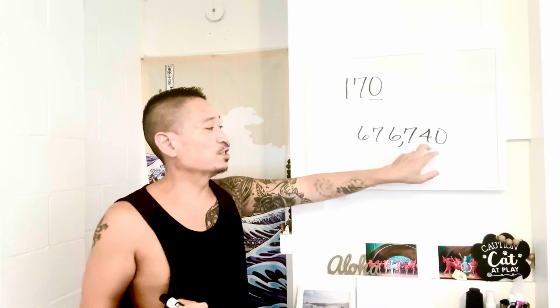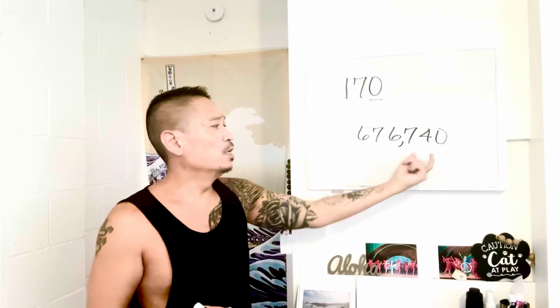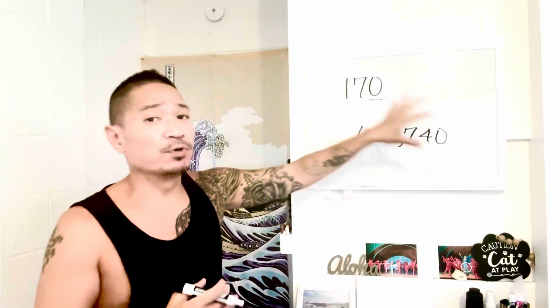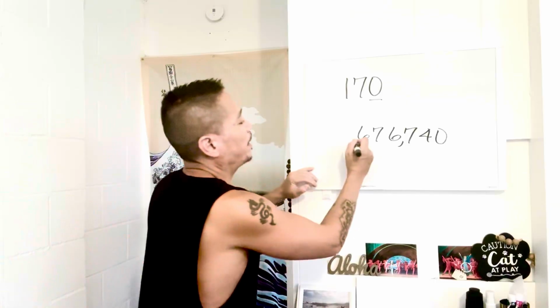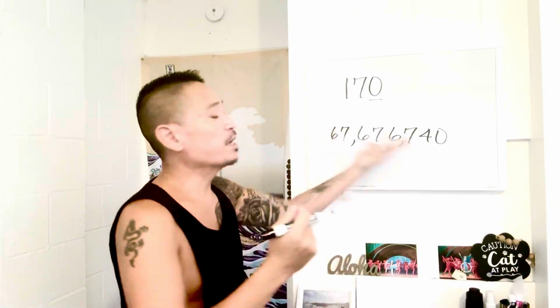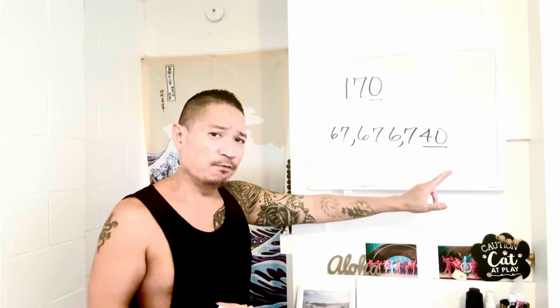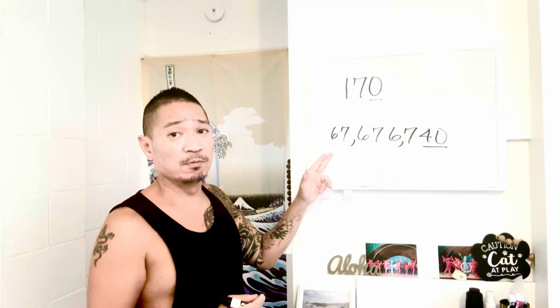The last 2 digits, the tens and the ones, are super easy. It's 40. We know 4 divides 40, so this whole number is divisible by 4, no matter what I add before it to make it a bigger number, since we're just looking at these 2 digits.